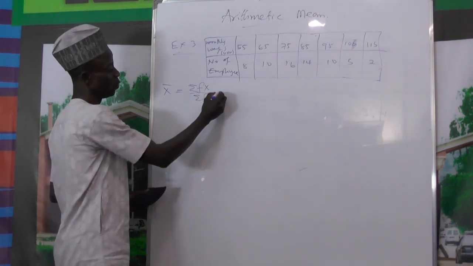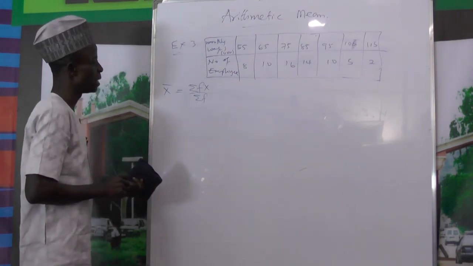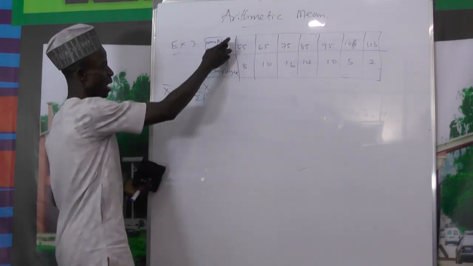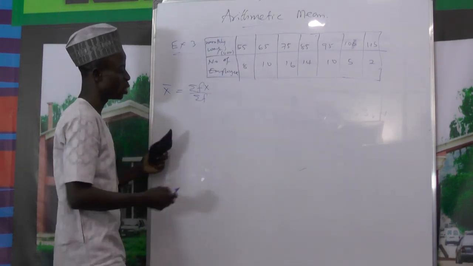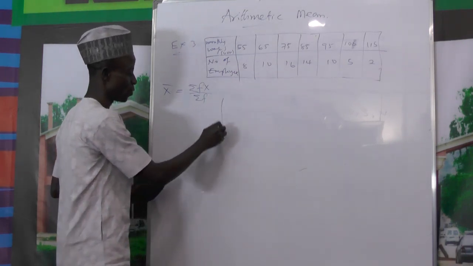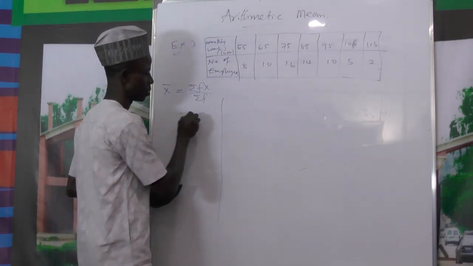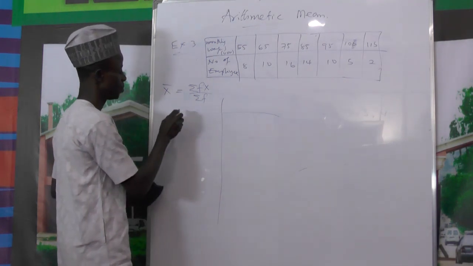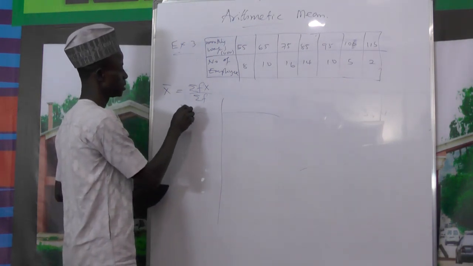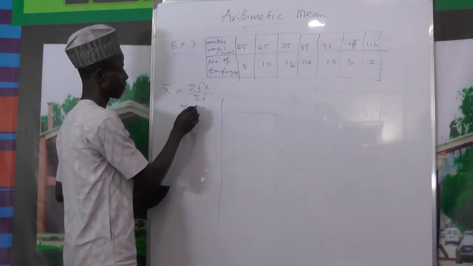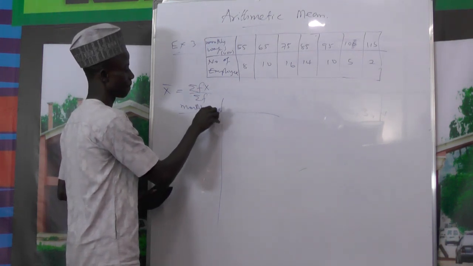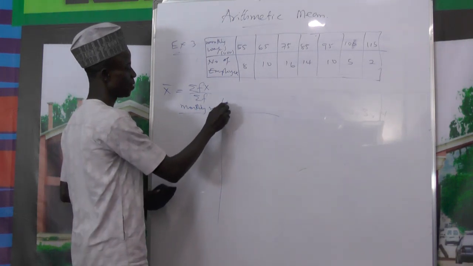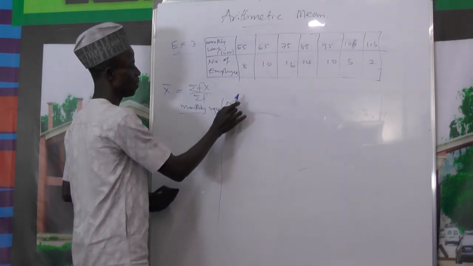So with this, we have been given our x and we have been given our frequency. So we just draw this in a tabular form, where we have the monthly wages, then we have the number of employees.